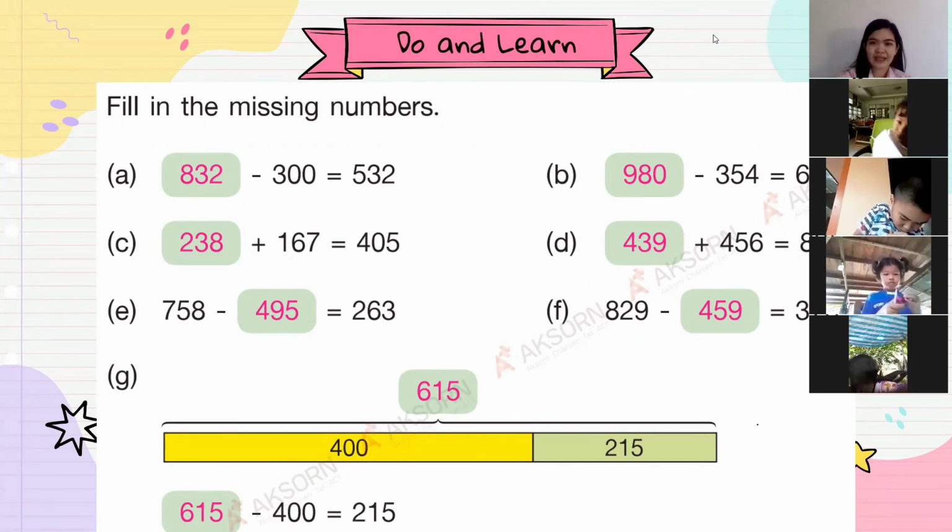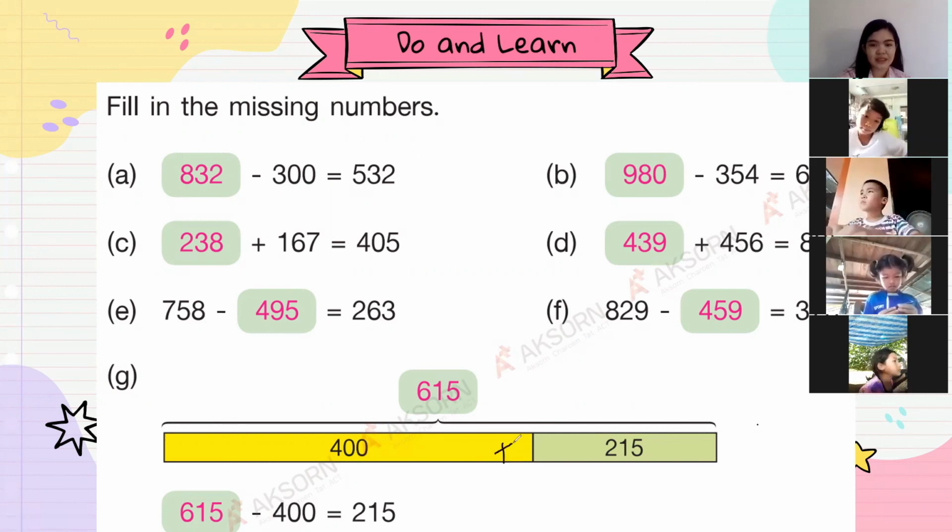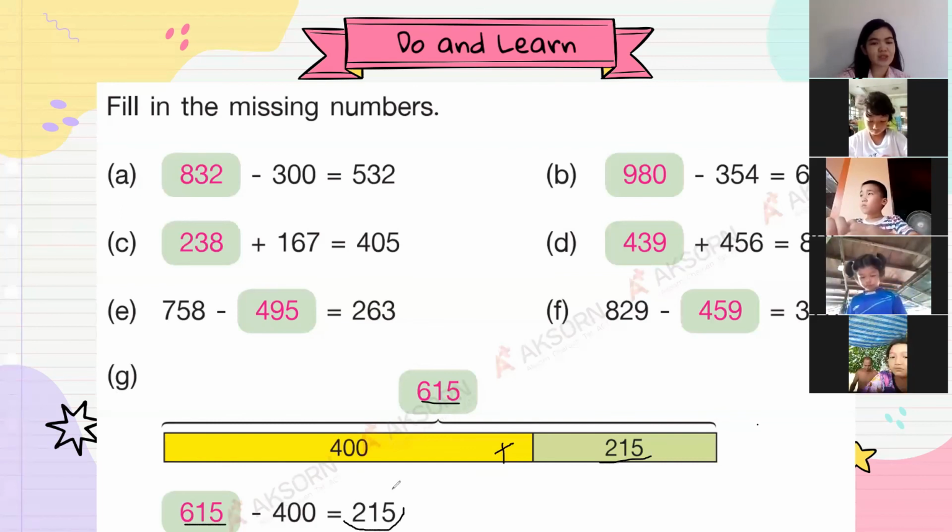So again, 400 plus 215 is equal to 615. That's why 615 minus 400 is equal to 215. Did you get it?